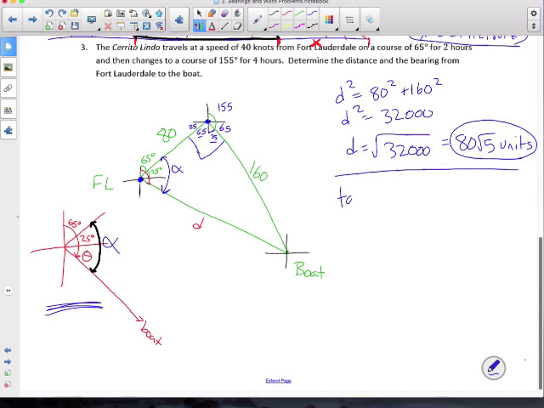So tangent of alpha is going to equal the opposite side, 160, divided by the adjacent side, which is 80. Now, in order to get rid of this tangent, I need to use inverses, which we haven't officially learned yet, but you learned in geometry and probably did last year. So I'm just gently reminding you that that's what we do.